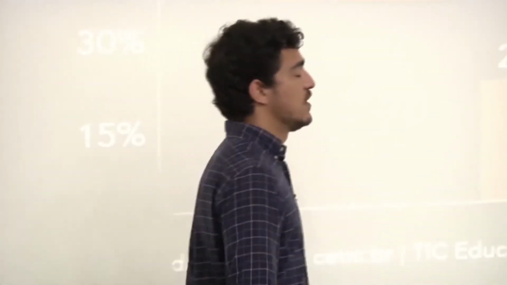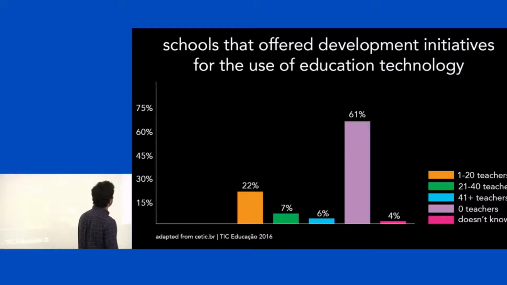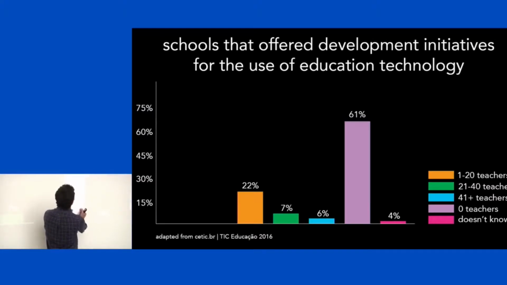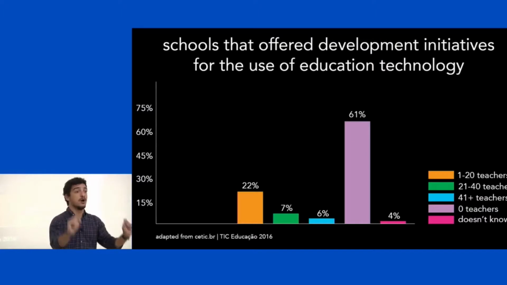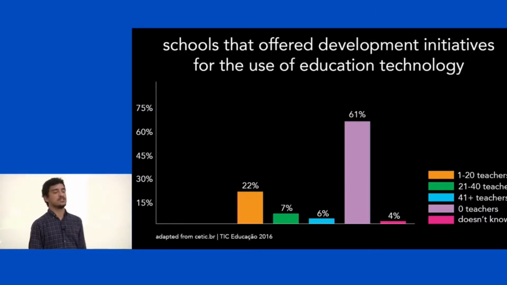And they did this piece of research, and they found out that this beautiful number, in 61% of schools, the total sum of 0 teachers were trained to use technology in the classroom. 0. That's not a lot.